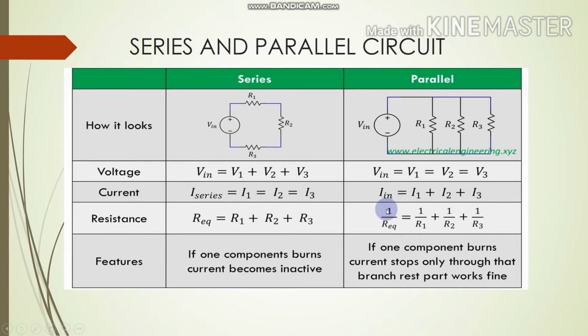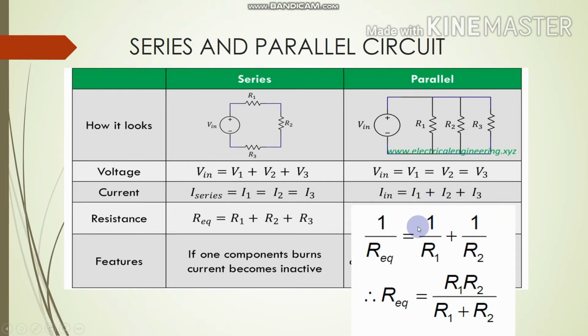But this is for the condition where there are 3 or more resistors. If the circuit has only 2 resistors, R1 and R2, we can use this formula: R equivalent equals R1 times R2 per R1 plus R2. For this topic, we will be using this R equivalent formula.